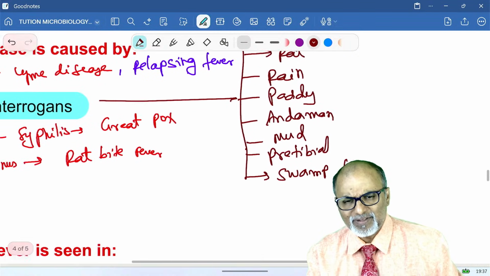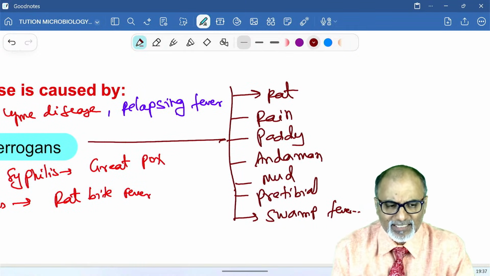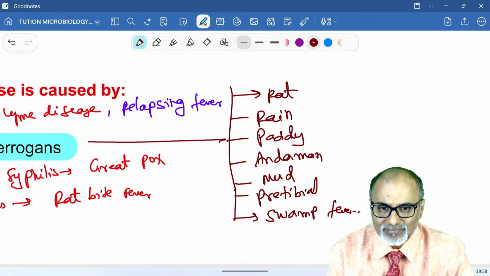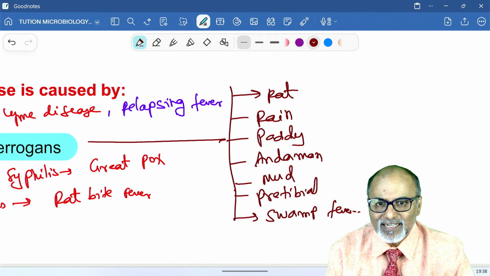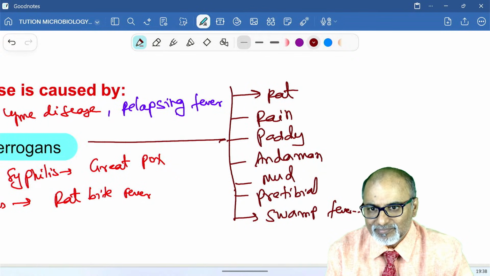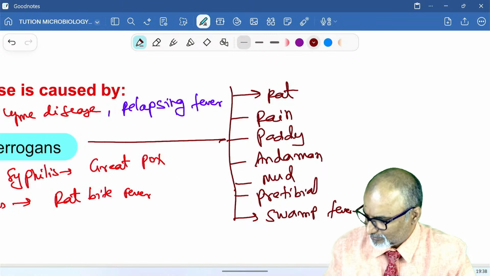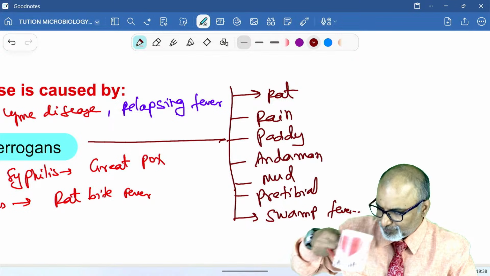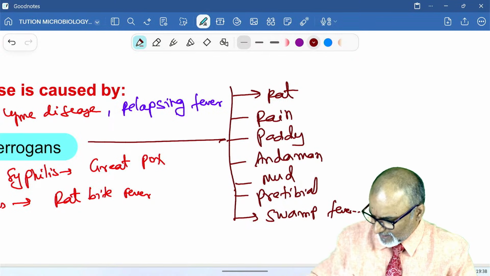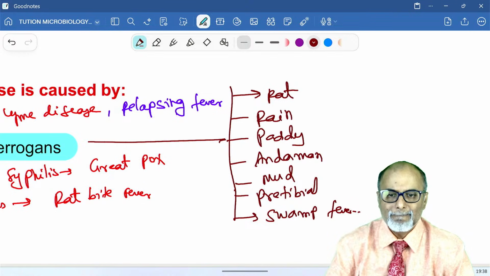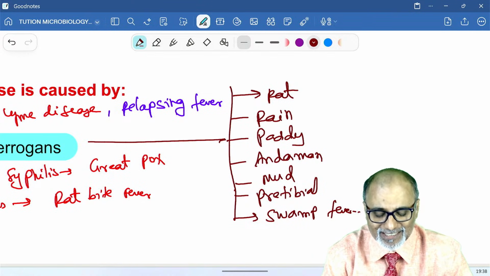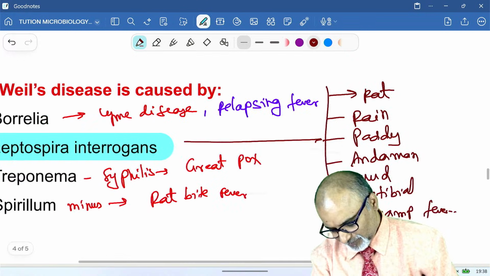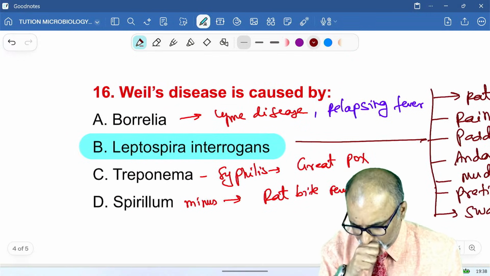It has a lot of other names. I used to tell in the class, can you remember? It has 100 names. We call it the 100 named bacteria, 100 named disease.